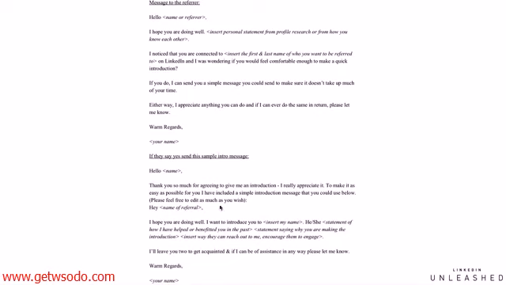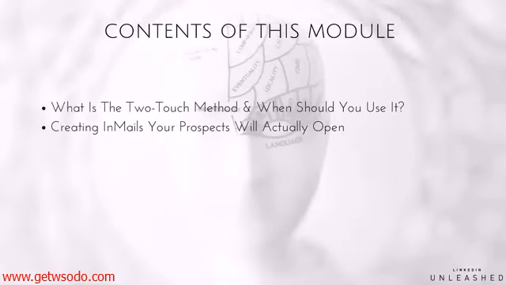If they say yes, then you follow up using this message, and obviously always thank them for their time, etc. So that's kind of how this works. I don't need to run you guys through the template again, but that's basically how you use the two-touch method when you use it, if you have first connections in place, or when you create a first connection to get through to somebody that you want to be introduced to.